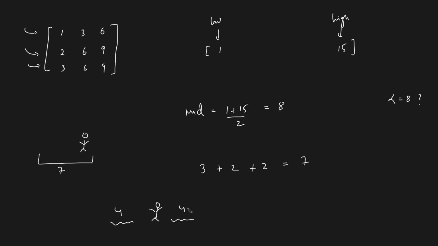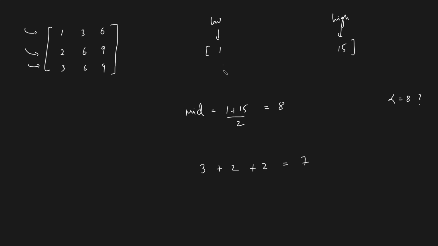Now one thing you know for sure is these 4 numbers might be equal, might be smaller, might be greater, but these 4 numbers are definitely lesser than equal to, and these 4 numbers are definitely greater than equal to. So don't you think you need to move this person to the left so that possibly you can get a better answer? Yes, because this guy is 8. Let's move this to the left so that this 7 might get reduced, so that you probably can place this person somewhere in the middle, right?